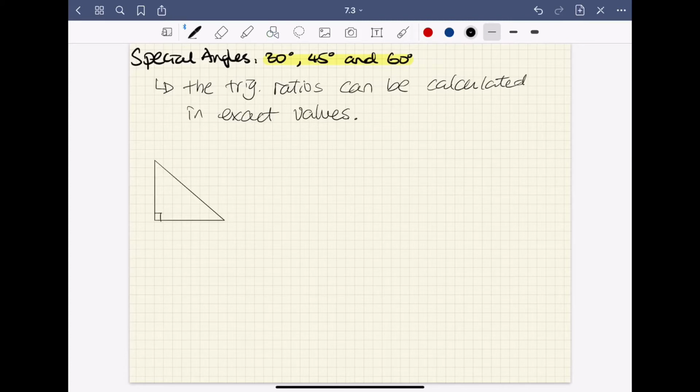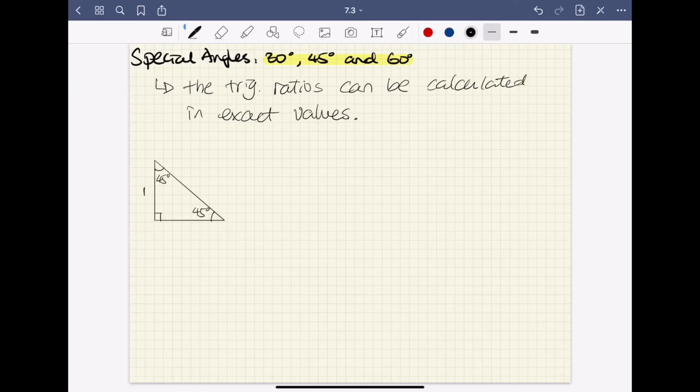So this angle is 90 degrees and this one is 45. That means the other one has to be 45. So here we have an isosceles triangle, meaning that these two sides are the same. Okay, and we know from the previous notes that the trig ratios do not depend on the length of the sides. They only depend on the angle.